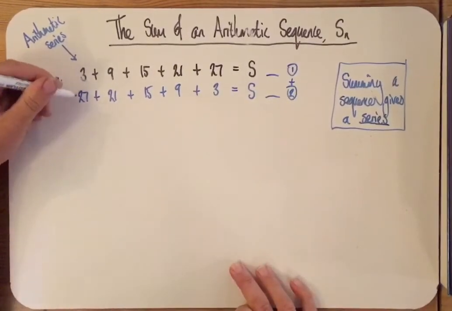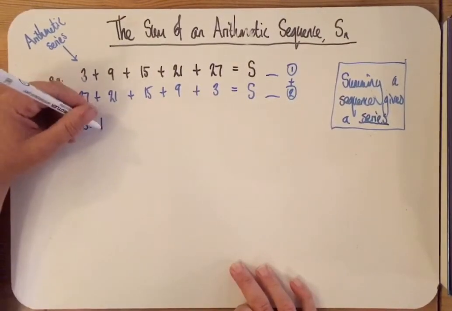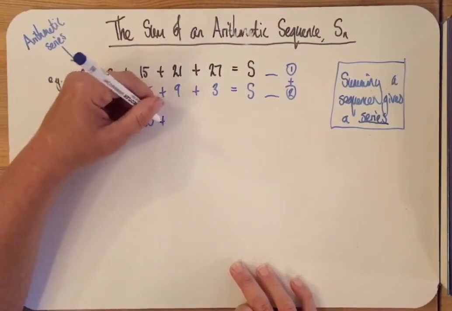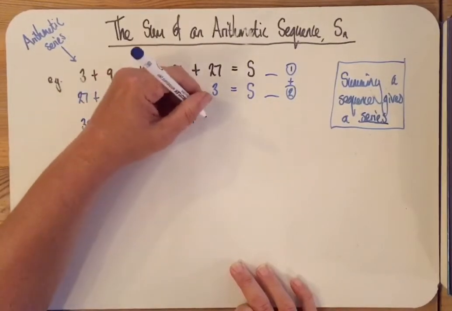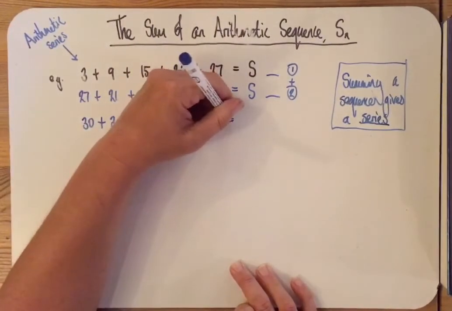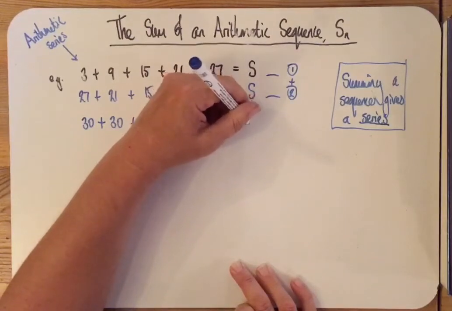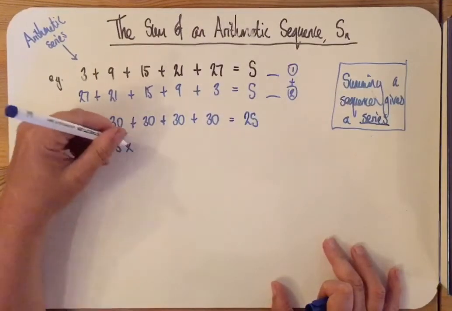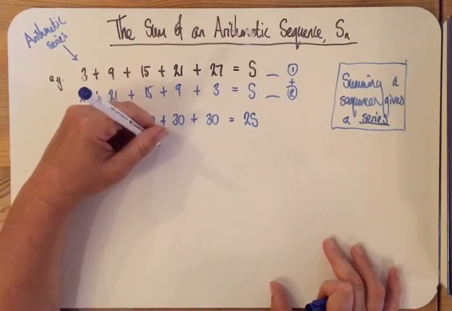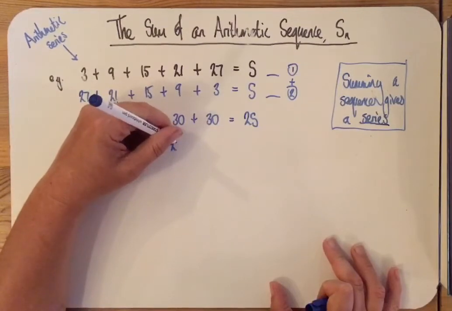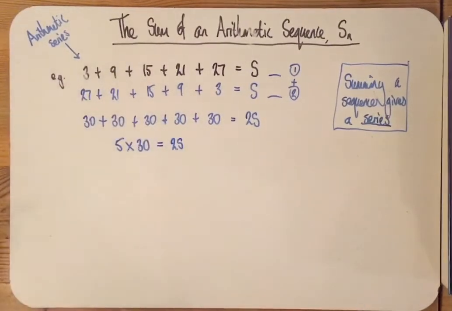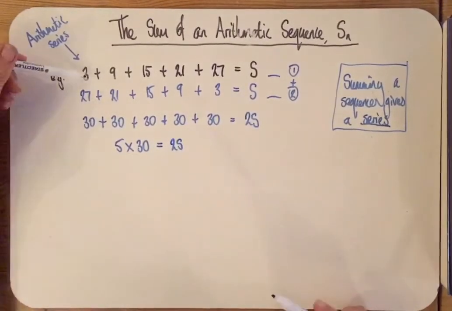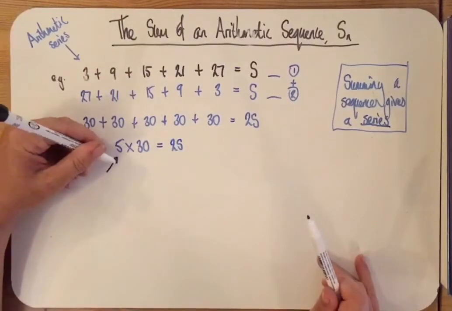So 27 plus 3 is 30, 21 plus 9, 30, plus 30, plus 30, plus 30 is equal to 2 lots of S. So 5 times 30 is equal to 2S. If you look at what's going on here, the number of terms in my series is 5.